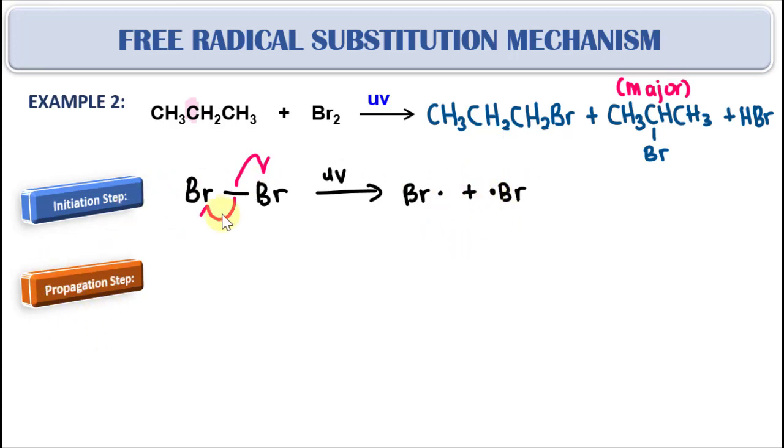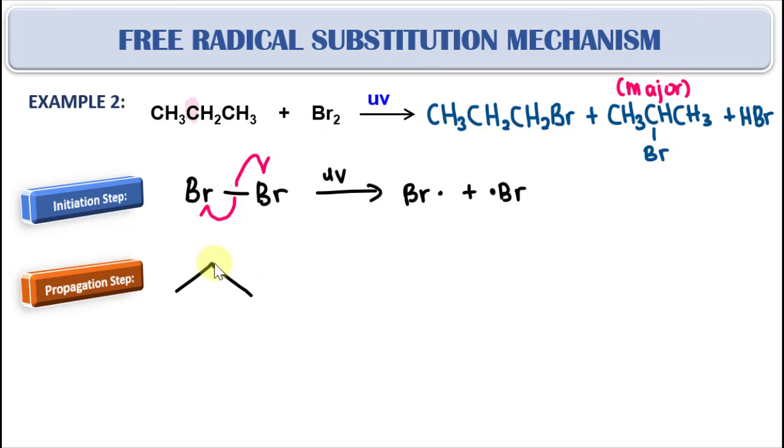Next, in the propagation step, we are going to react our alkane with the bromine radicals. Here I will use a skeletal structure to show the mechanism. Since propane has 3 carbons, I'll use the skeletal structure, and the formation of the major product is where the hydrogen on the secondary carbon here is replaced with the bromine.